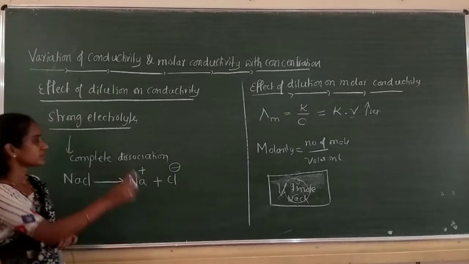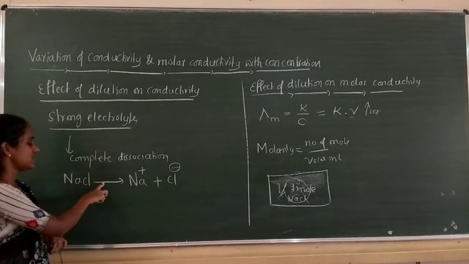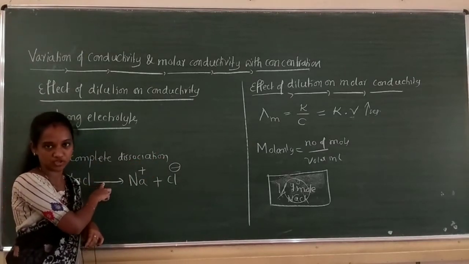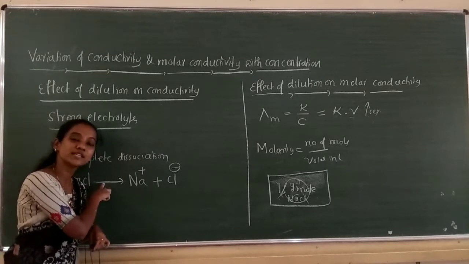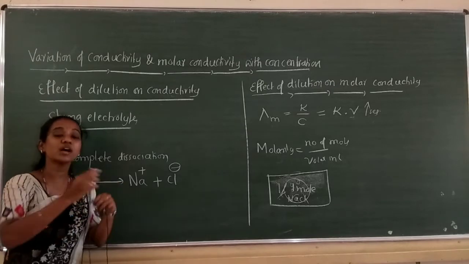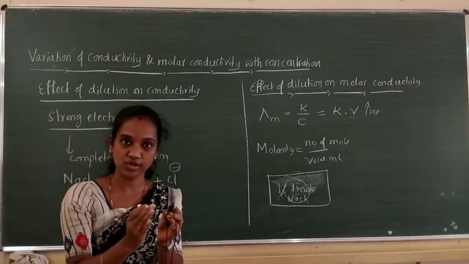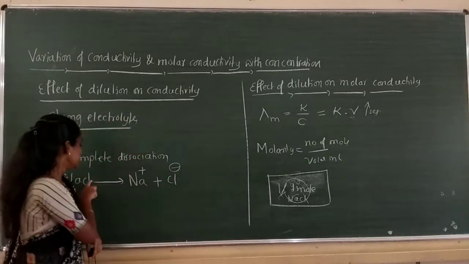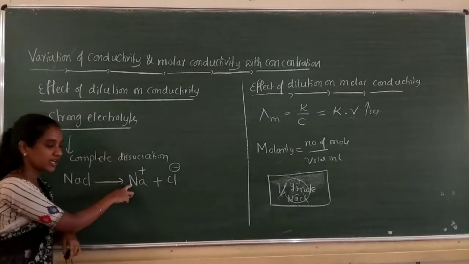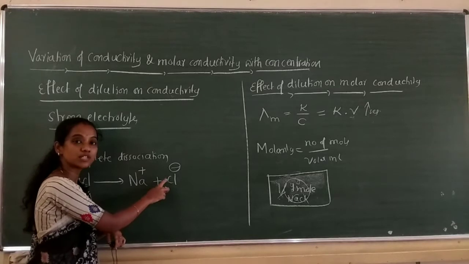Now, if you have a sodium chloride solution, let us decrease the concentration of the solution. Let us dilute the sodium chloride solution. When diluted, the degree of dissociation is very high, and the number of ions produced is also very high.